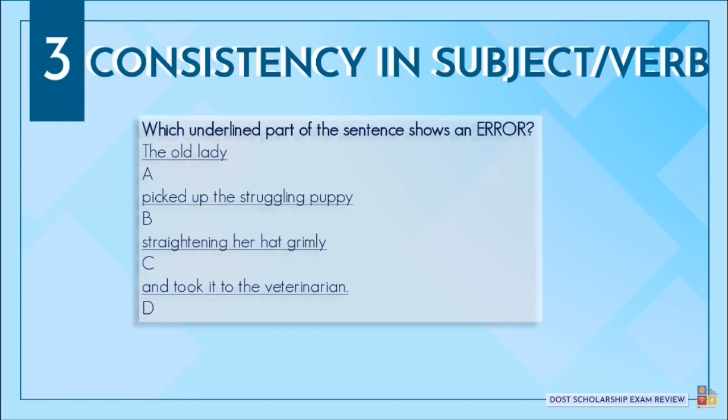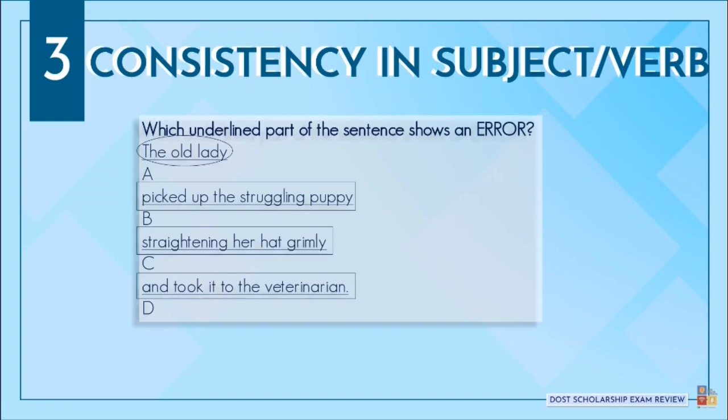Okay, the subject in this sentence is the old lady. Now we have three different verbal phrases. That's picked up the struggling puppy, straightening her hat grimly, and took it to the veterinarian. Now let's take a look at the tenses used in each verb.